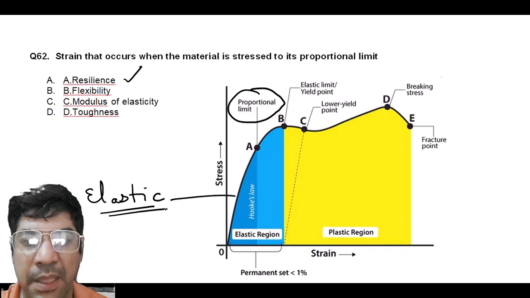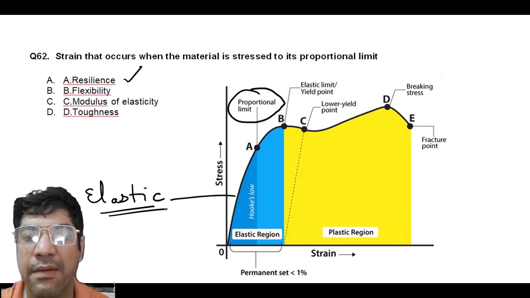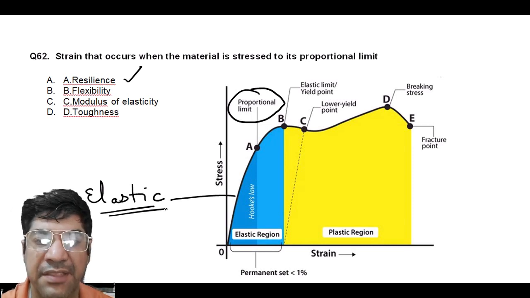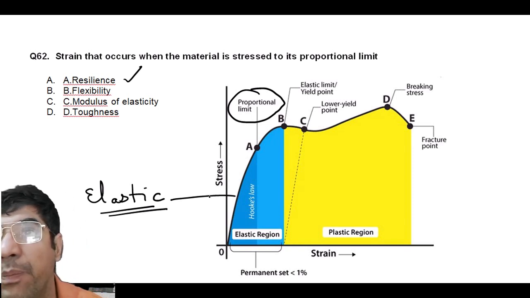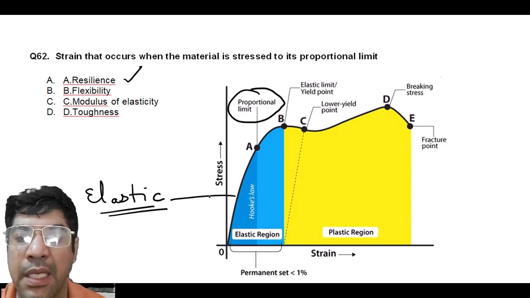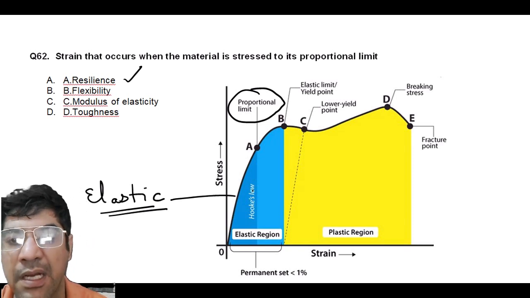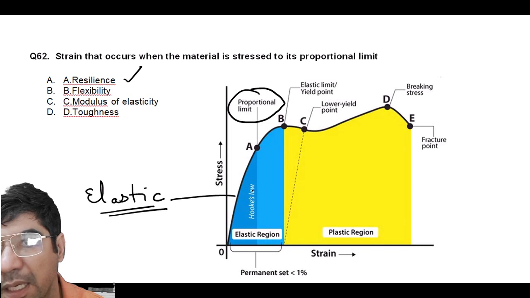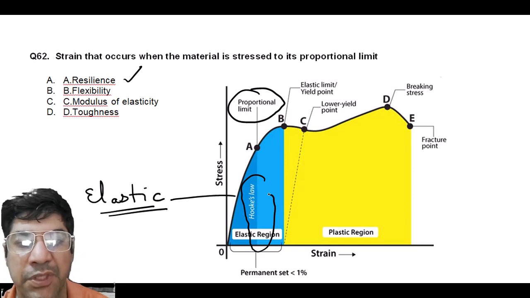In this region the material will deform elastically, meaning when the stress is removed, the material will return back to its original shape and size without showing any permanent deformation. This behavior is characterized by Hooke's law, which states that the stress is directly proportional to strain within this region.